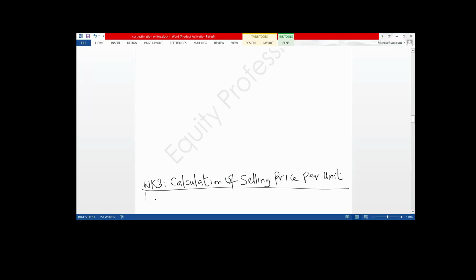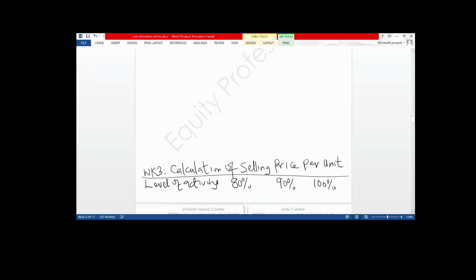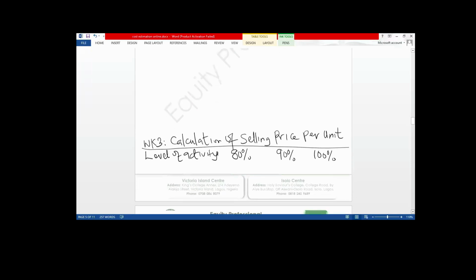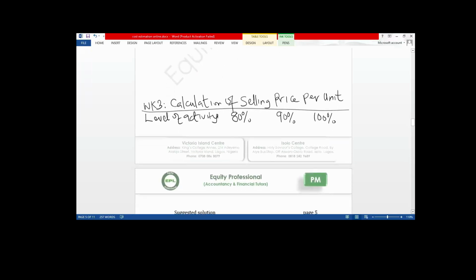Now you have the level of activity at Apapa. We have 80% level, 90% level, and 100% level. I should have taken this working to the next page.